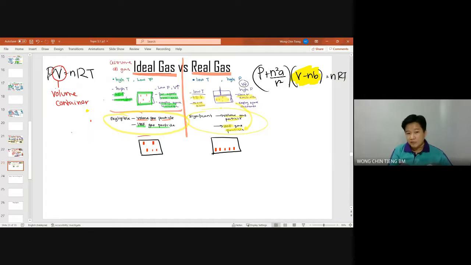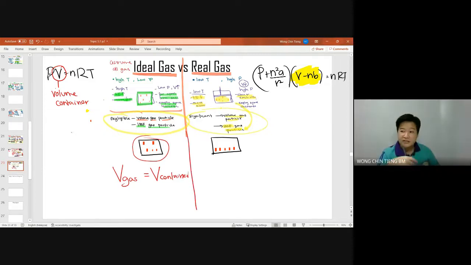Because in ideal, look at here guys, volume of gas equals to volume of container. Setuju? Gas bergerak jauh memenuhi ruang. That's why in all our question like just now, vessel is 1.5 liter. Terus kita ambil the 1.5 liter is the volume of gas. Betul? Kenapa jadi macam tu? Because we know the gas will occupy the volume of the container. So volume of gas equals to volume of container. That's why saya kata kat sini adalah volume container.